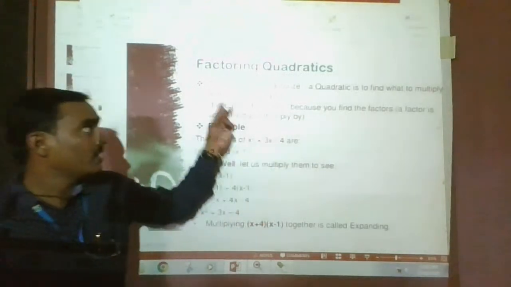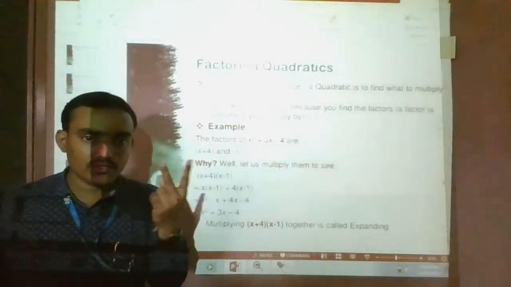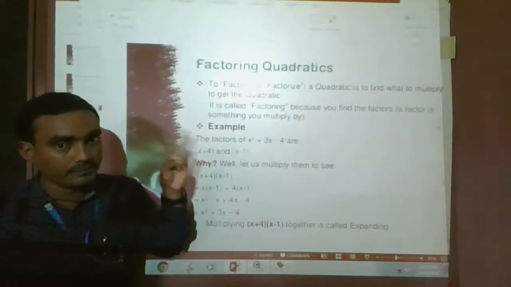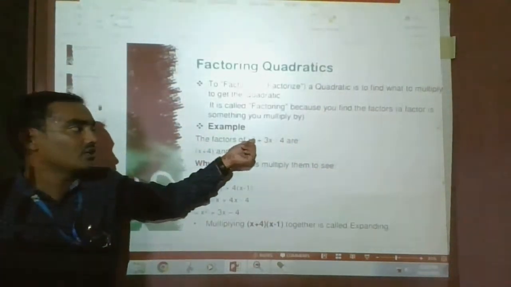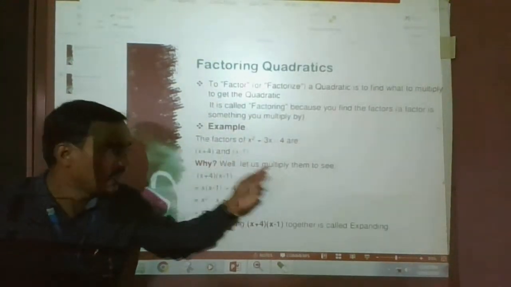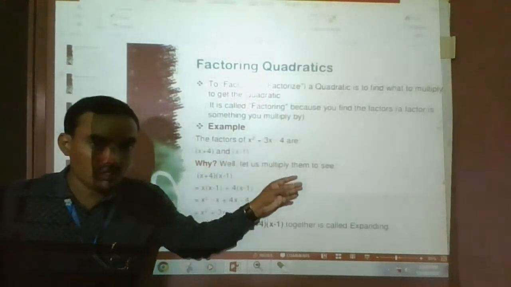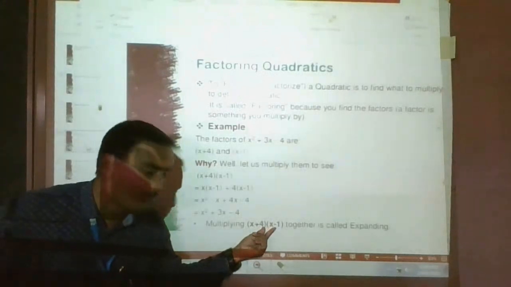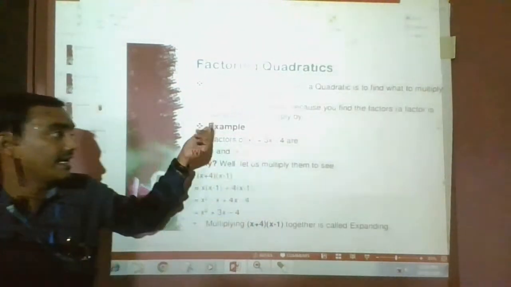Here, degree 2 means you will get 2 factors. If it is degree 1, you will get 1 factor. If the degree is 3, you get 3 factors. So we have degree 2, so you will get 2 factors. One is x plus 4 equals 0, another one is x minus 1 equals 0. Multiplying both factors, you will get the same expression again.